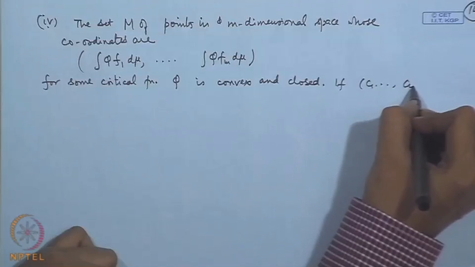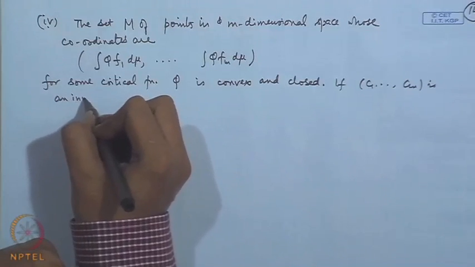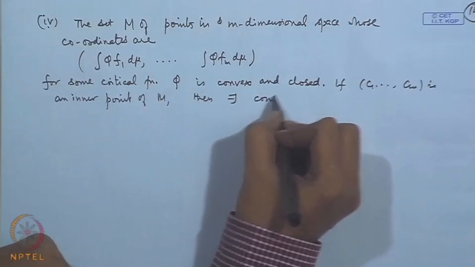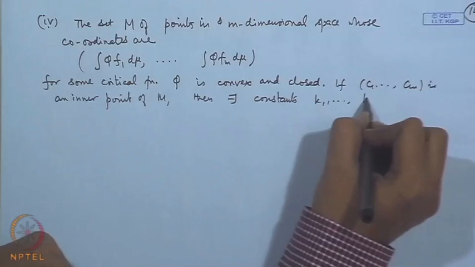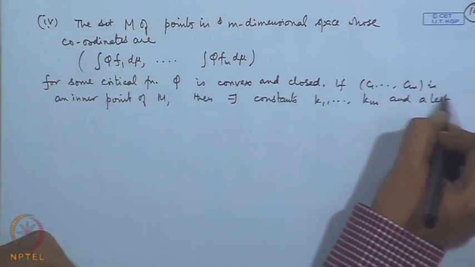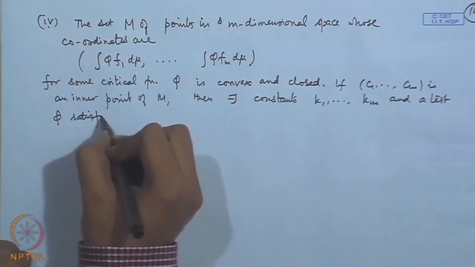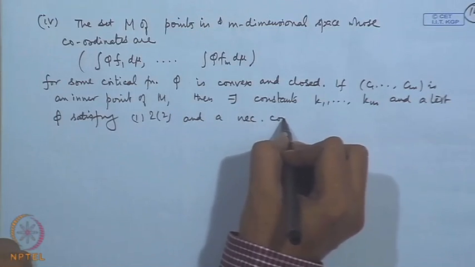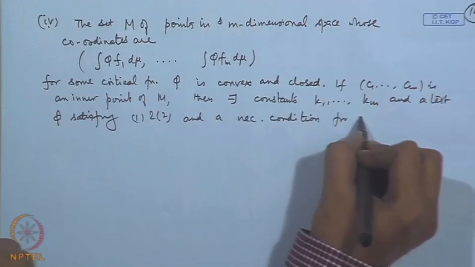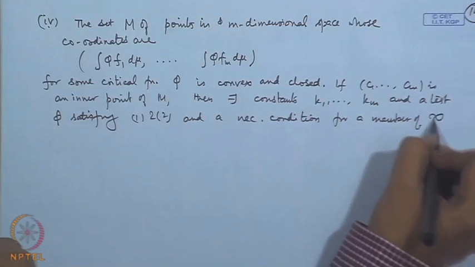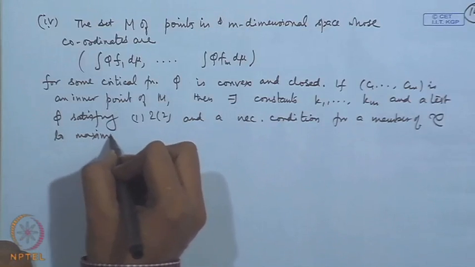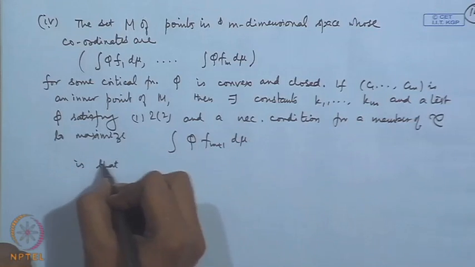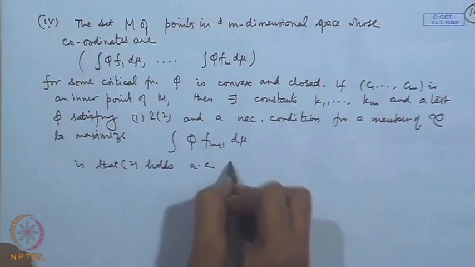If C 1, C 2, up to C m is an inner point of M, then there exist constants k 1, k 2, up to k m and a test phi satisfying 1 and 2, and a necessary condition for a member of C to maximize integral phi f m plus 1 d mu is that 2 holds almost everywhere mu.